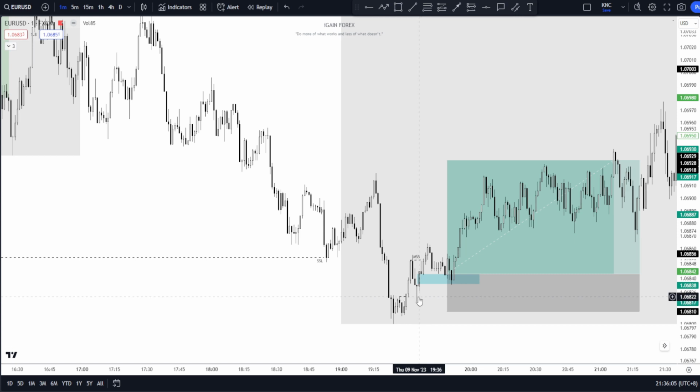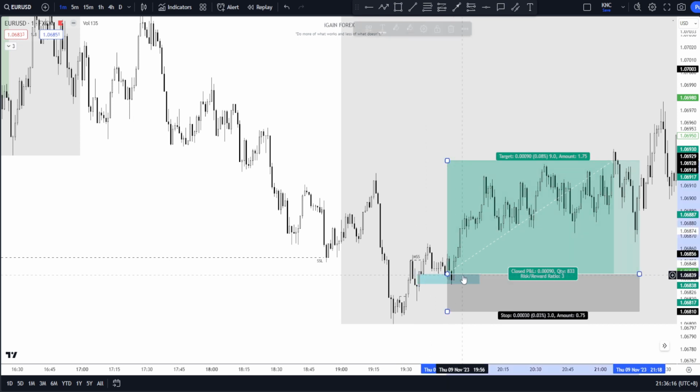If we did enter at this point, we might have taken profit at an earlier state, but I took this trade again, and luckily we made this 1:3 risk reward ratio with this type of market.